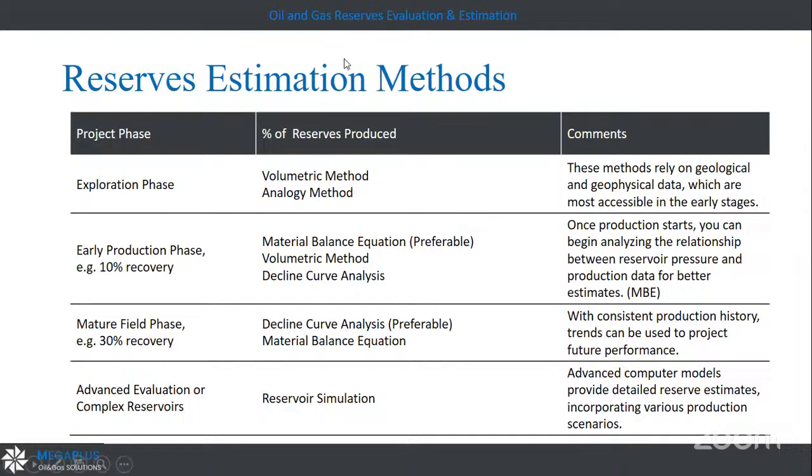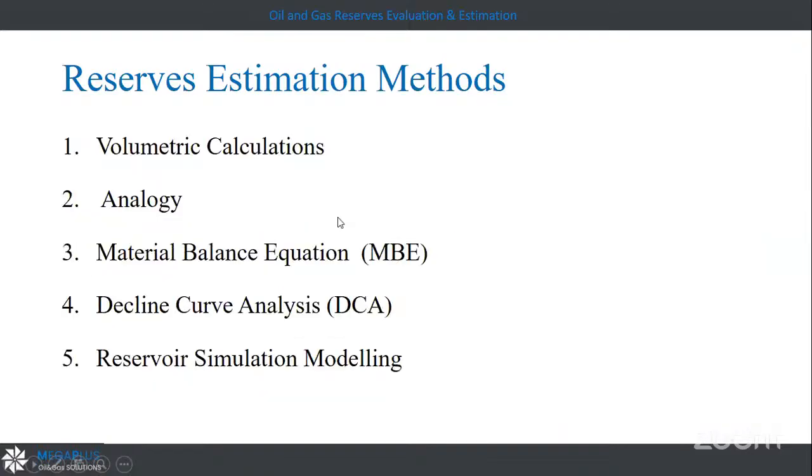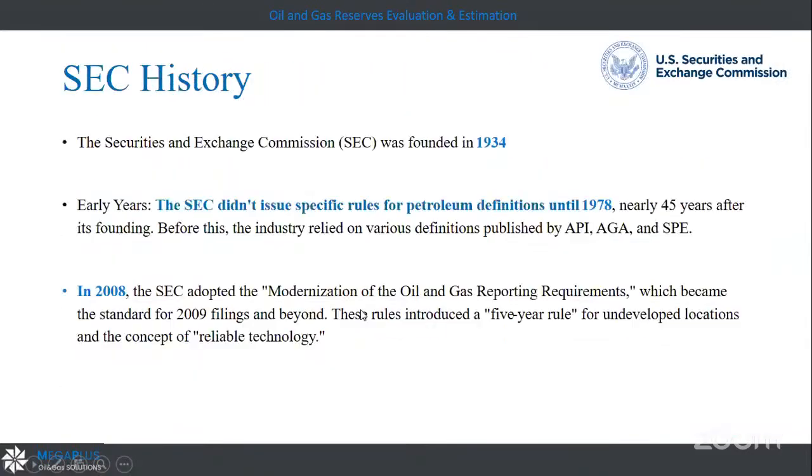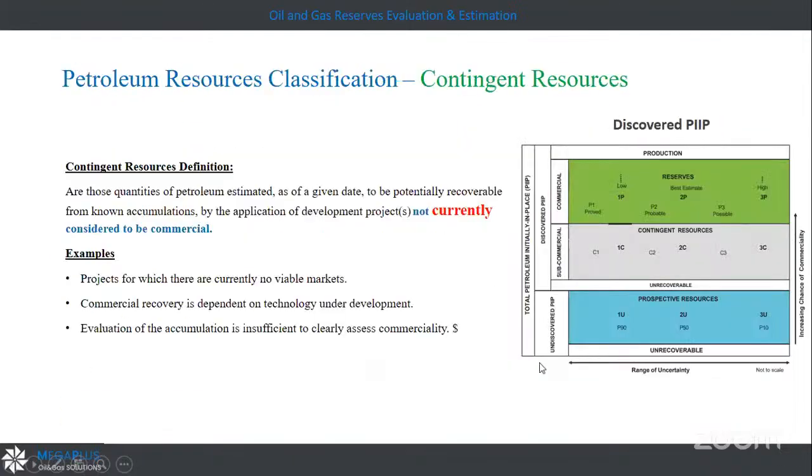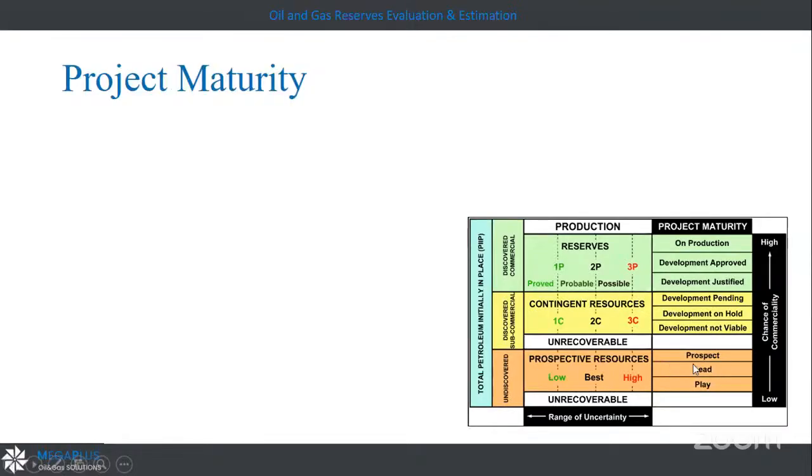Here, for the exploration phase, we only have the volumetric method. So it's about the level of confidence, according to the maturity of the prospect, as mentioned in the project maturity slide. If I have a prospect with an anomaly, and the uncertainty is low in the play and the source rock, I calculate the chance of success.